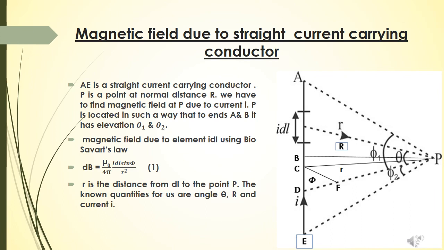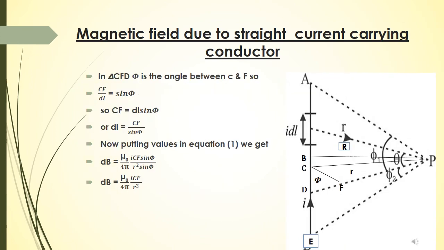Magnetic field due to element I dl, using Biot-Savart's law, is dB equals mu naught upon 4 pi, I dl sin phi over r square. This is what we have studied before. r is our distance from dl to the point P. The known quantities for us are angle theta, capital R and current I.